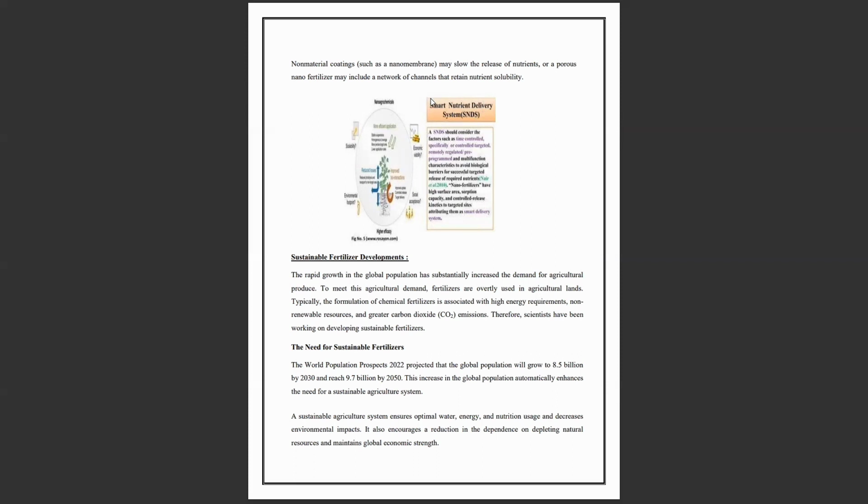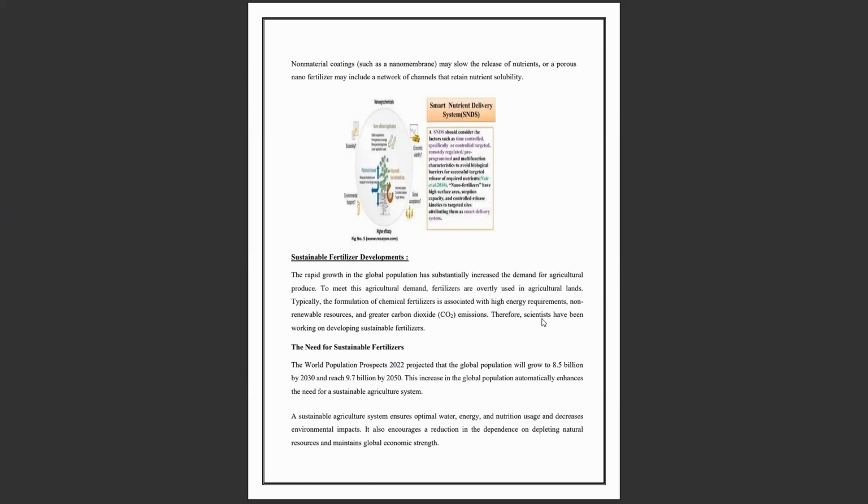The classes of nanofertilizers could be nanoscale fertilizers, which contain nanoparticles which contain nutrients, nanoscale additives, traditional fertilizers with nanoscale additives, and nanoscale coating, traditional fertilizers coated or loaded with nanoscale. Now, nanomaterial coating such as nanomembrane may slow the release of nutrients, or a porous nanofertilizer may include a network of channels that retain the nutrient solubility.